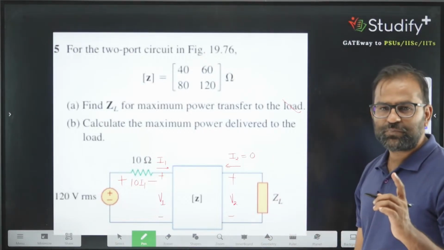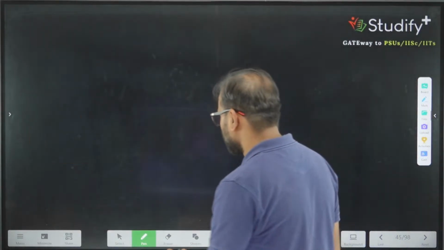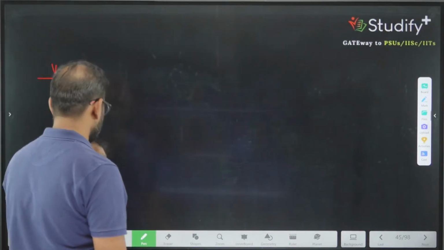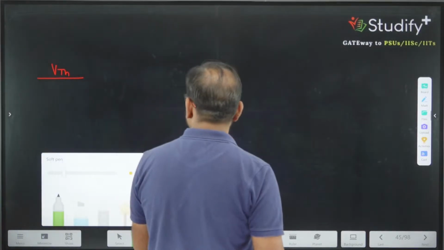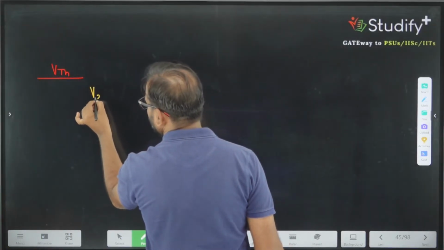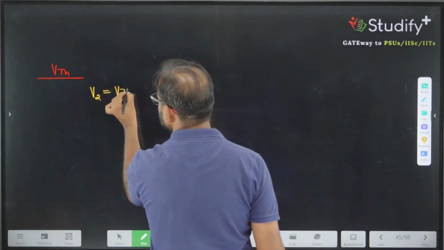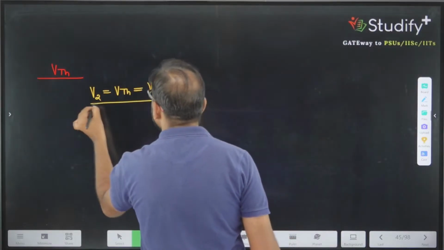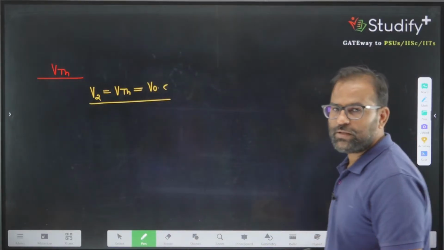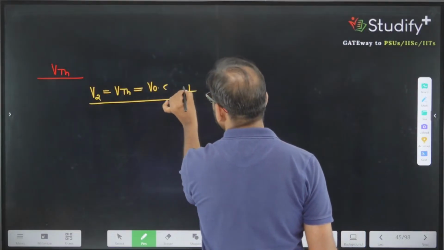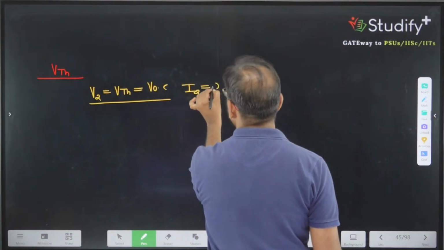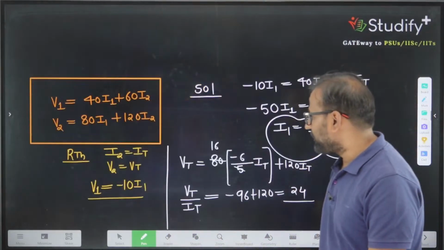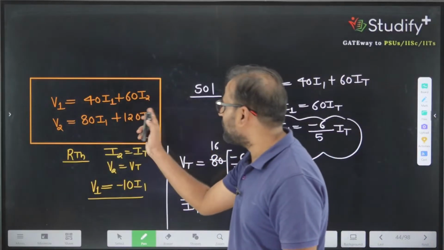So the Thevenin's equivalent calculation: the node value V2 will be VTH, the open circuit voltage, only if you are making I2 equal to 0. So if I make I2 equal to 0, this value is 0, this value is 0.